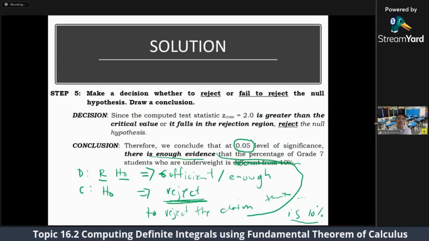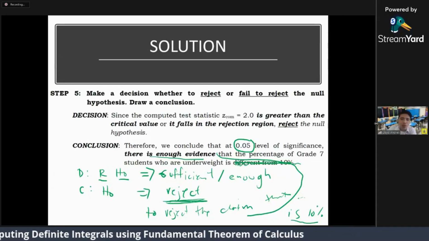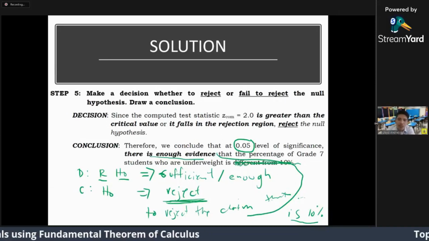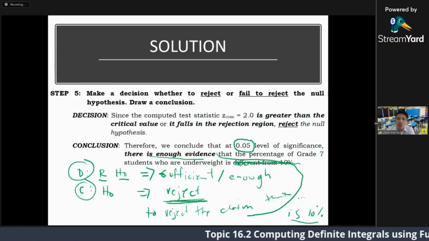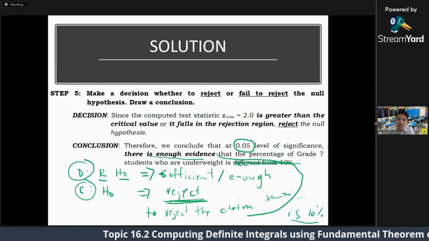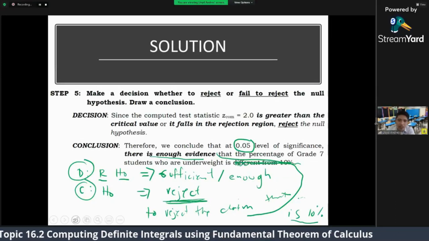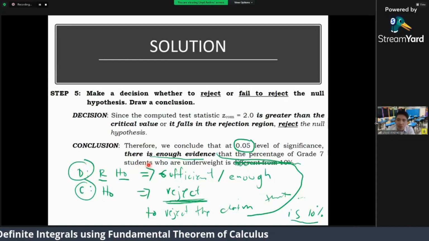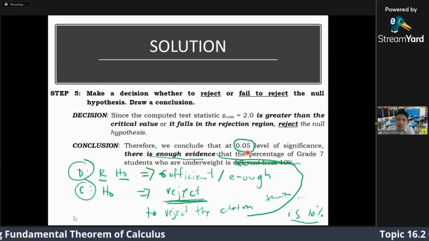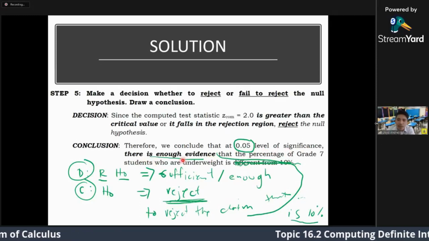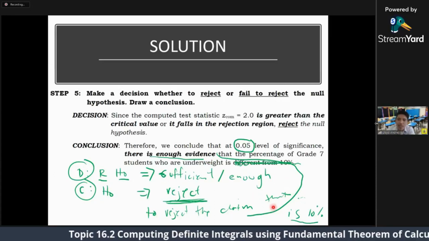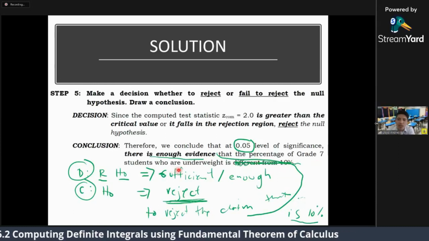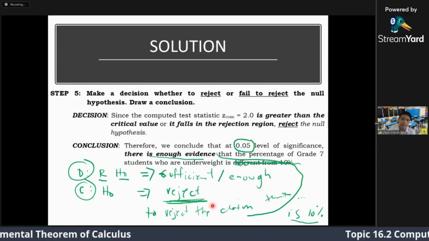So you should present a complete conclusion, based on your decision. Therefore, the conclusion should be stated as: we conclude that at 0.05 level of significance, there is enough evidence to reject the claim that the percentage of grade 7 students who are underweight is 10%. It should be written as a percent.